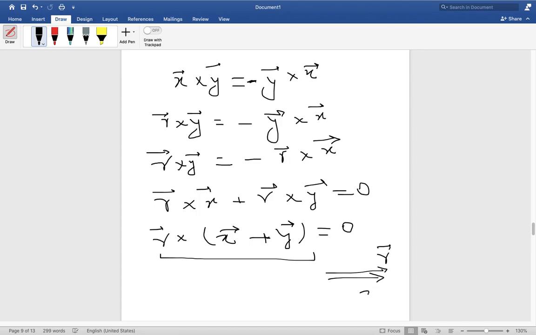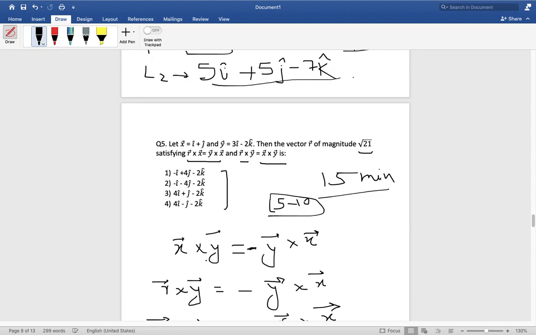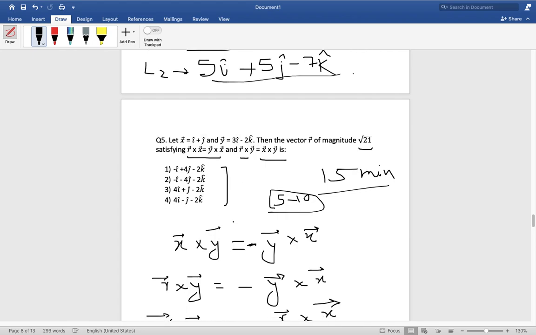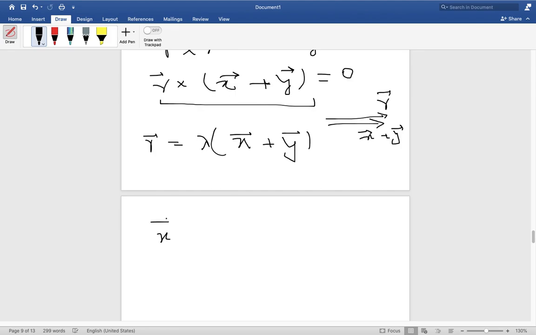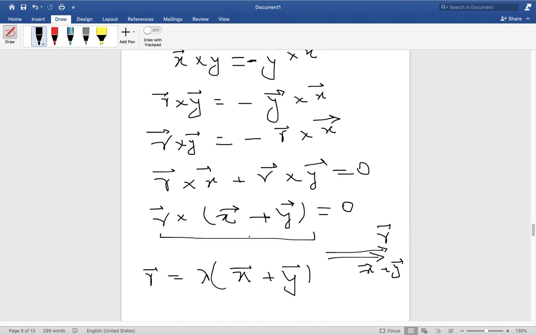R and x plus y are parallel to each other. That means r can just be written as lambda, which is a scalar quantity, times x plus y. What is x plus y? i plus j plus 3i minus 2k. So that is 4i plus j minus 2k.